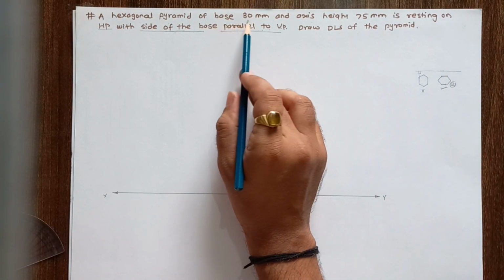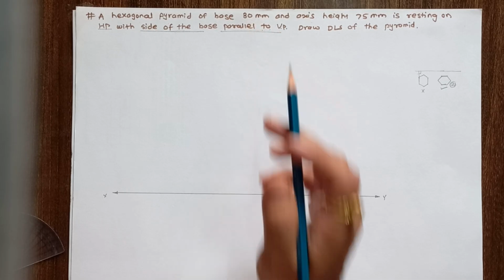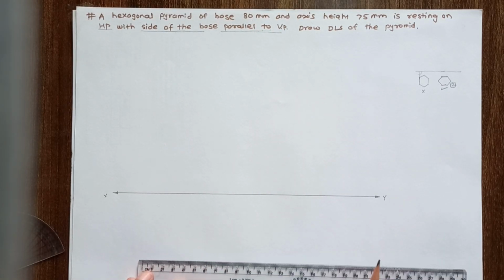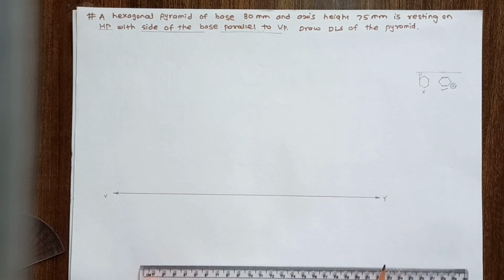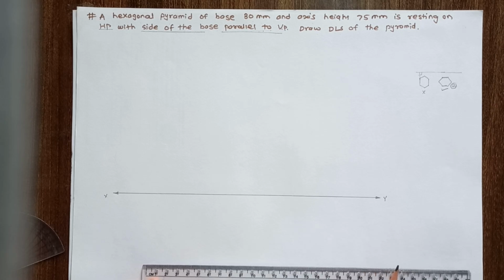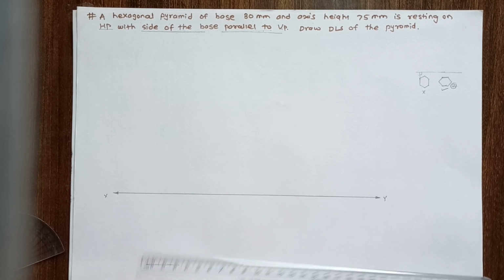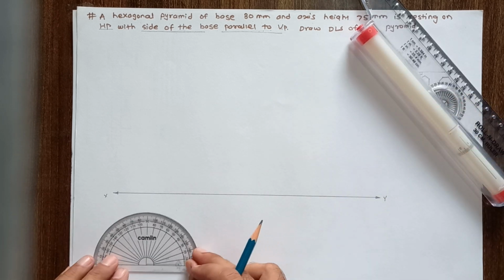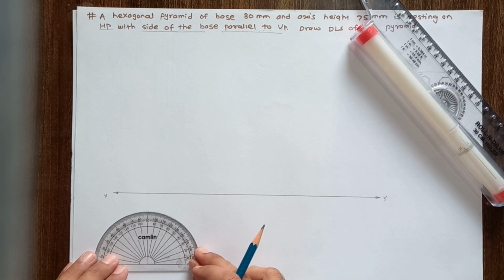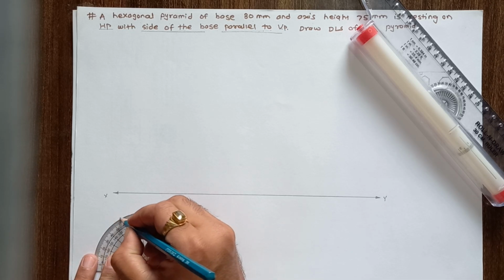Now the base edge distance is given, 30 mm. Draw the top view first. Draw top view of a hexagonal pyramid. 30 mm is the base edge distance given. Mark 60-degree angle from both ends of this line.